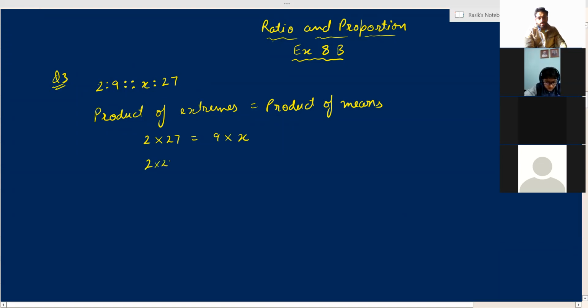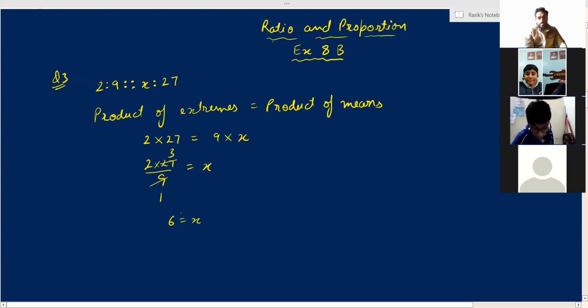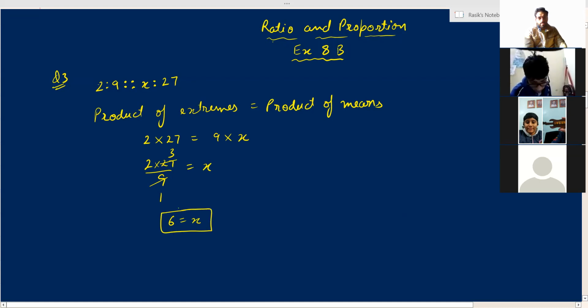So 2 into 27 upon 9 is equal to x. You can simplify, and you get 6. x equals 6 is the answer.